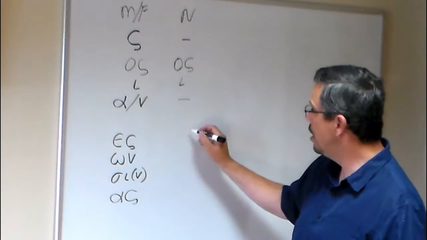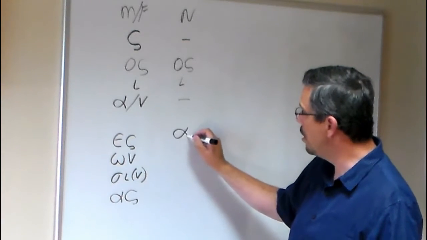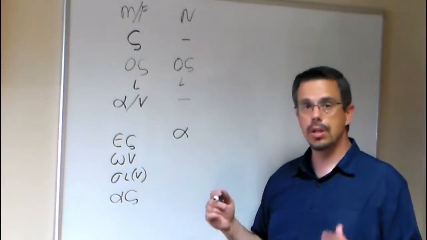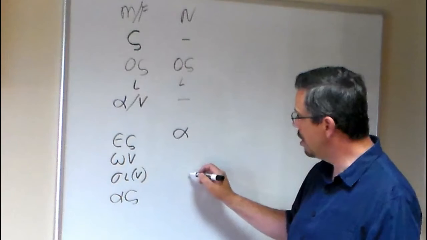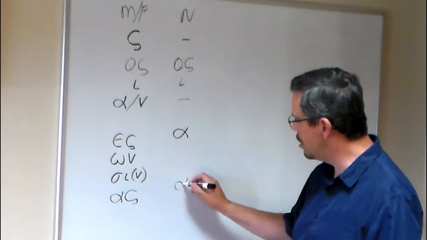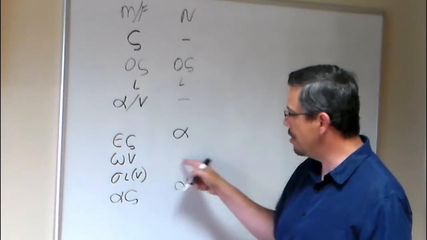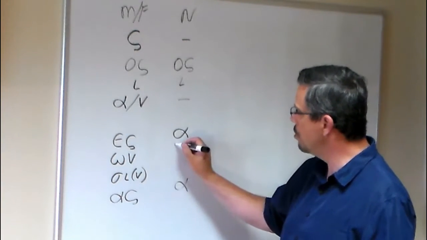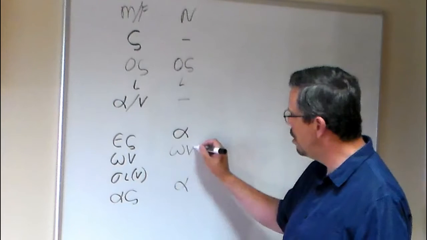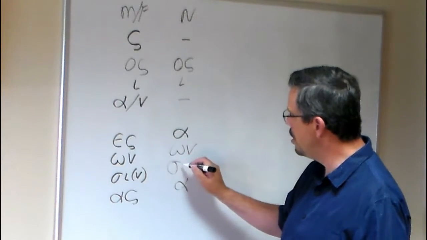Now on the plural, we know this one. We already have that as our ending. Now if we know that the nominative and the accusative are always the same, we know that one. Now all of the genitives are omega n. So now we know that one, and we know this one.